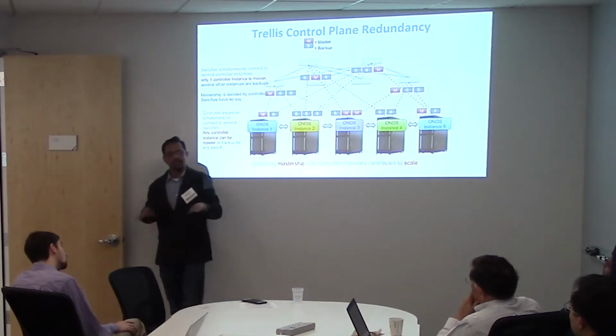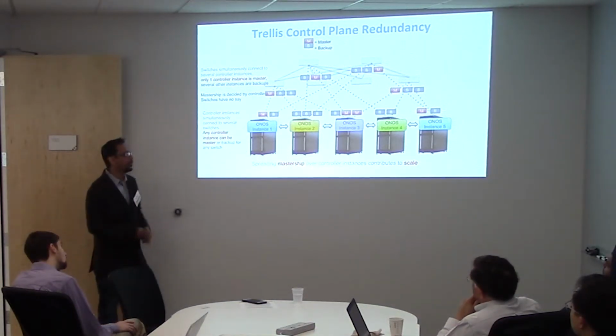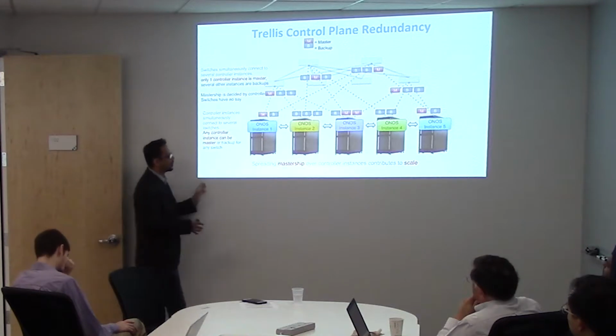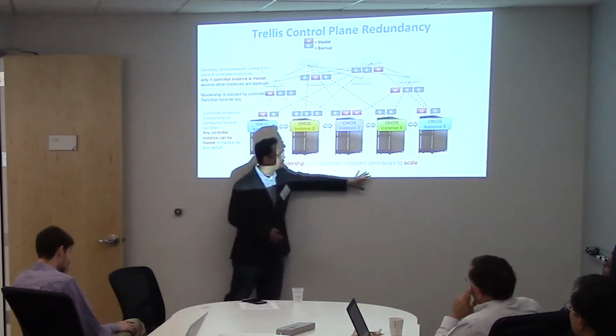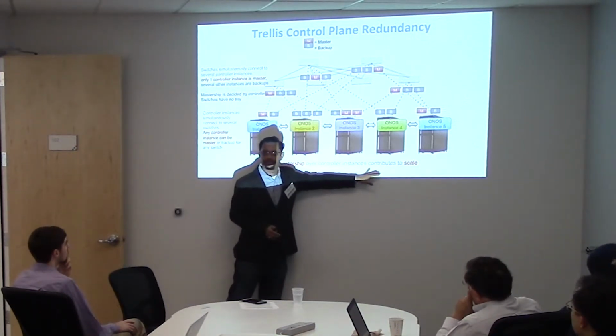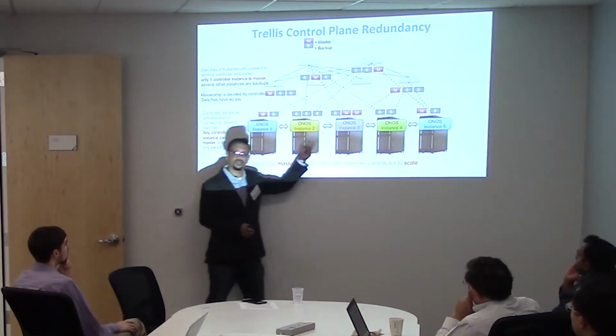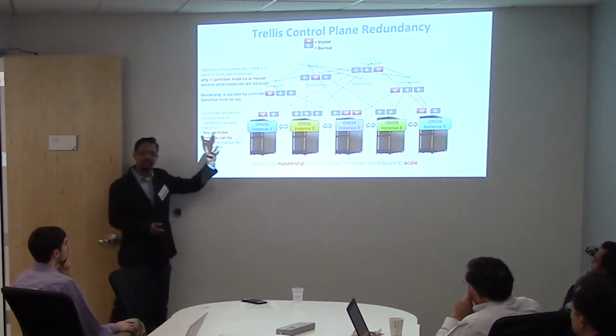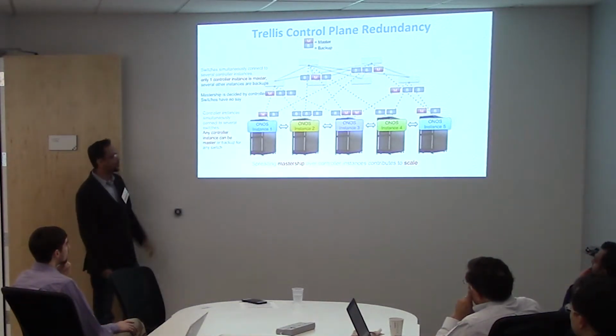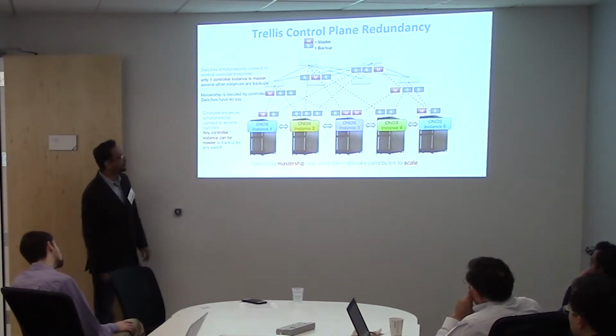And there are ways to balance mastership over multiple instances. Spreading mastership over these controller instances contributes to the scale of the solution with regards to the scale of the control plane.